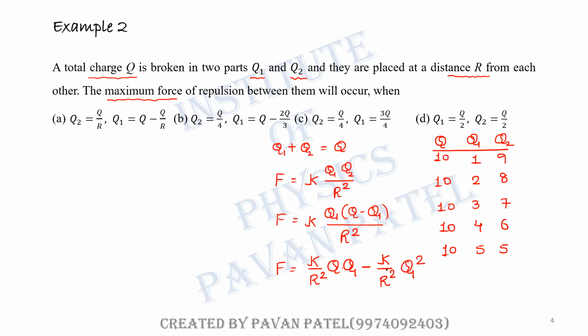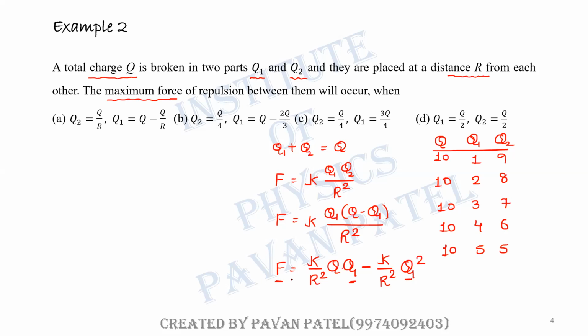This is the equation. Now Q1 is a variable because Q is a constant value, since total charge Q is given, which is divided into Q1 and Q2, and distance r is a constant. So Q1 is a variable and F is a variable. We ask what should be the value of Q1 so that F is maximum. This is how we visualize the problem.